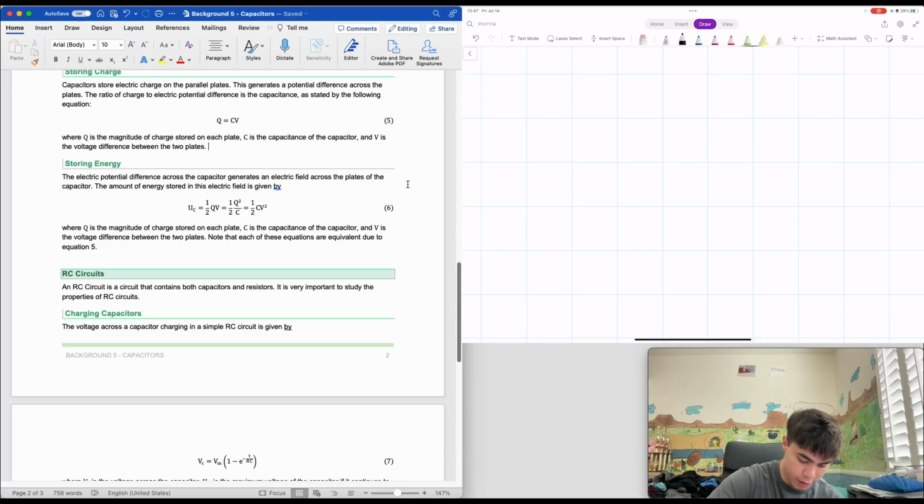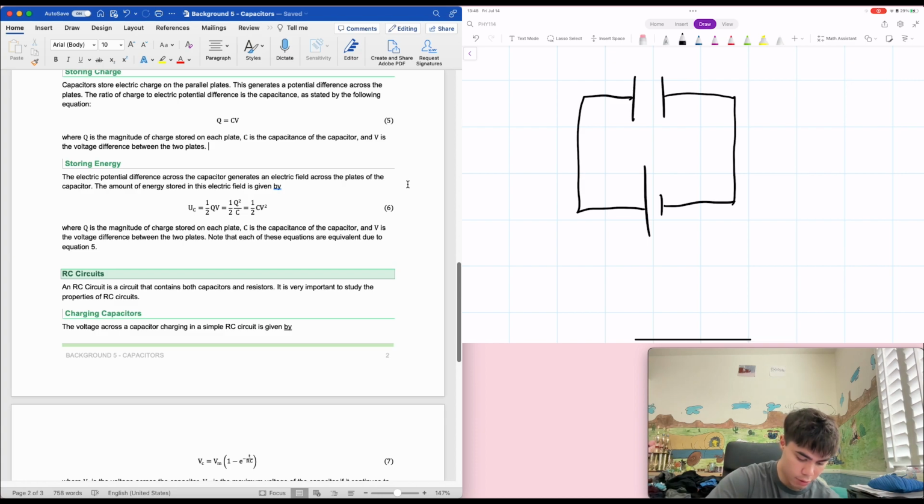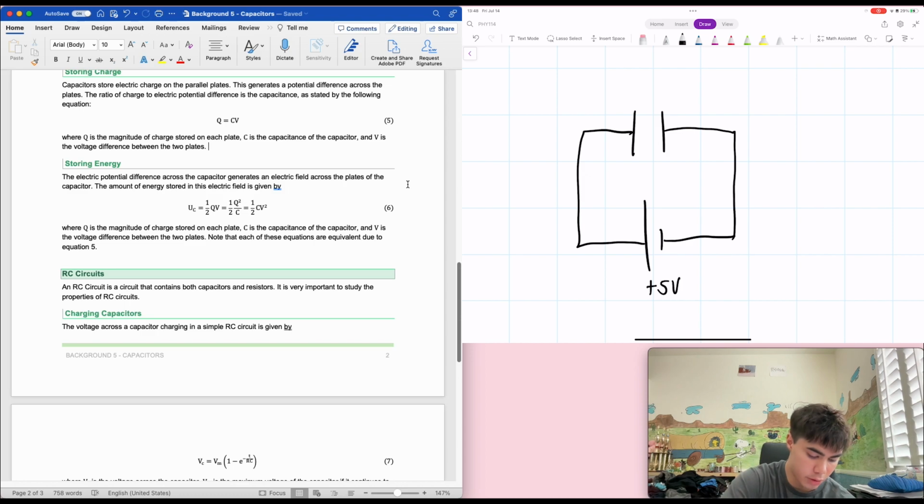So maybe here I have a battery connected to a capacitor. A battery has one side longer than the other. That's how we know it's a battery. Capacitors have both sides the same length.